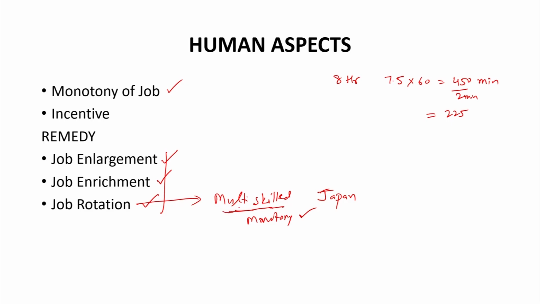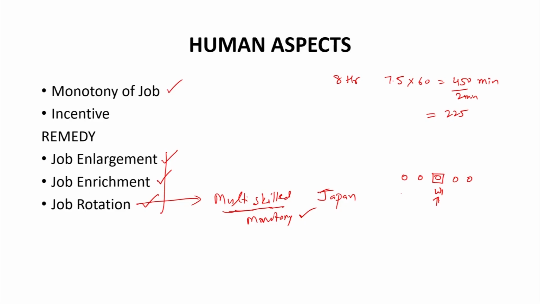If the person is not trained to do the task of his previous workstation or the next workstation, then it may not be possible for him to perform the task at different production rates. So, in most assembly areas, whichever workstation is assigned to a worker, he should be able to do the work of the previous two workstations and he should be able to do the work of the next two workstations also.